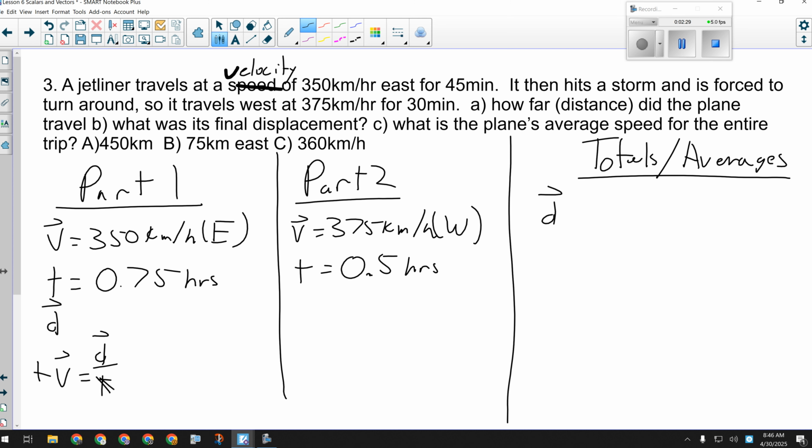All right, so D is going to equal 0.75 times 350.